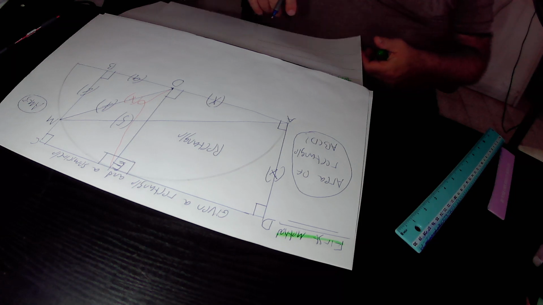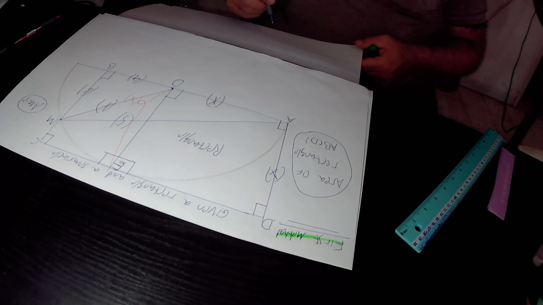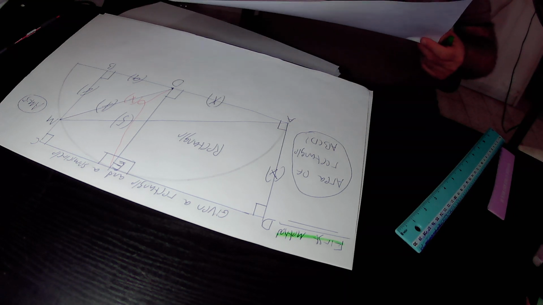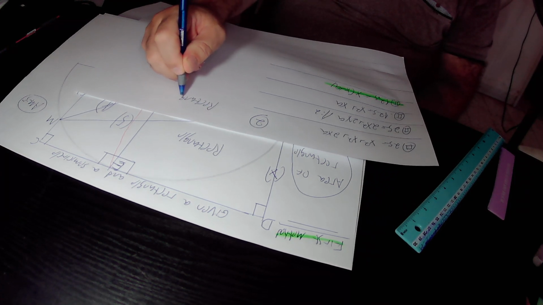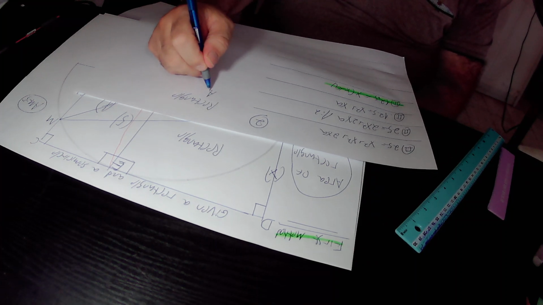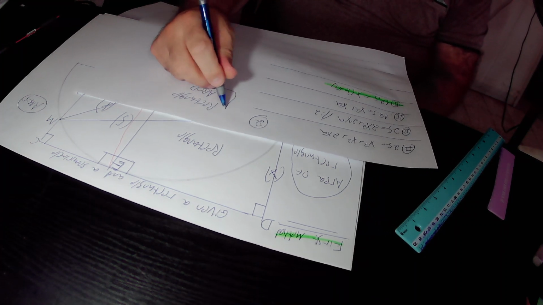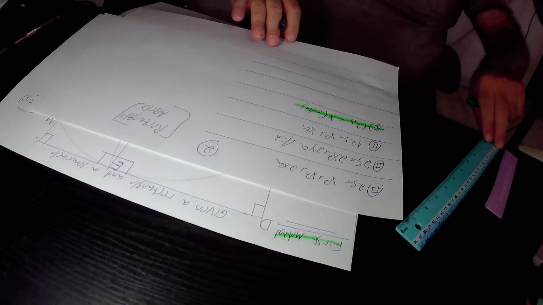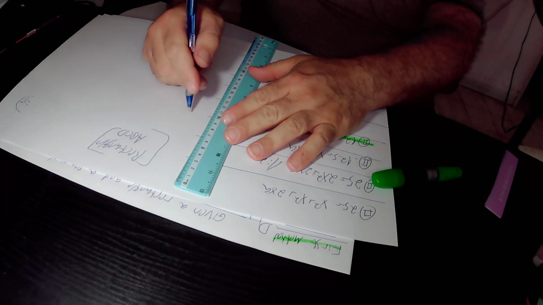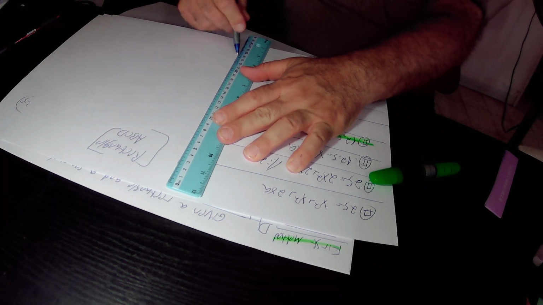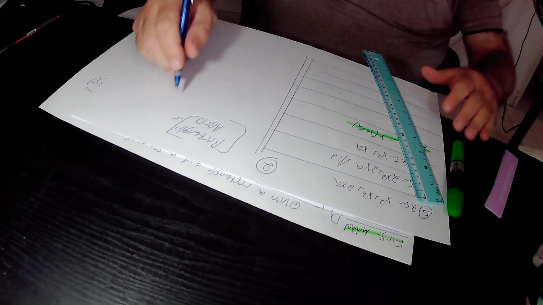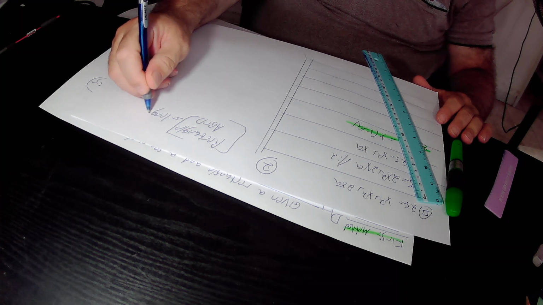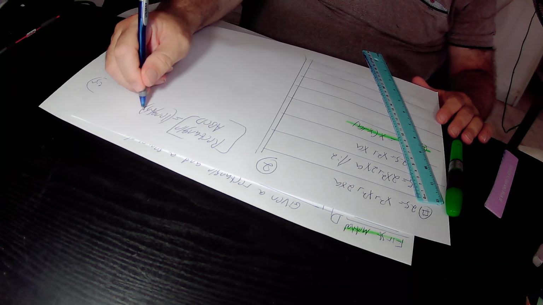Our mission is to find out the area of this rectangle ABCD. So what is the area of rectangle ABCD? Actually, we know that the area of any rectangle equals the length of the rectangle times the width.